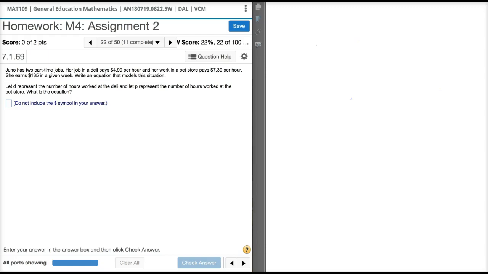She earns $135 in a given week, and we want to write an equation that models this situation. We are told to let D be the number of hours she works at the deli, and let P represent the number of hours that she works at the pet store.